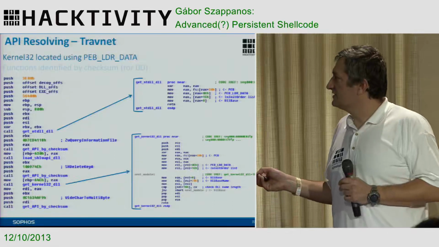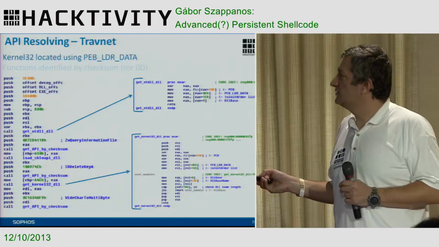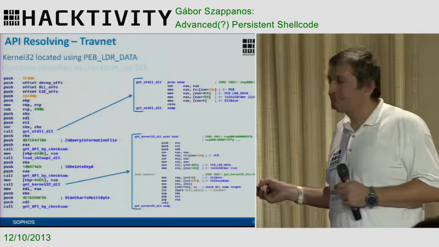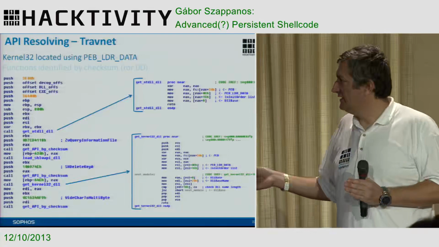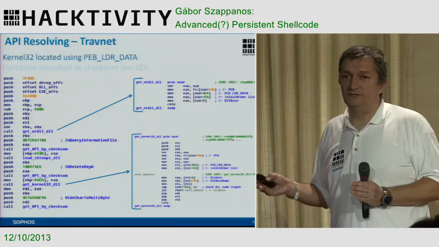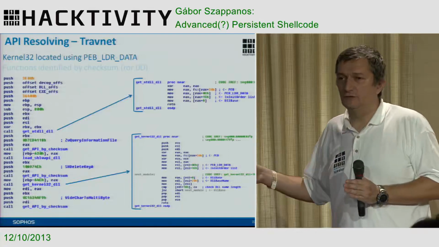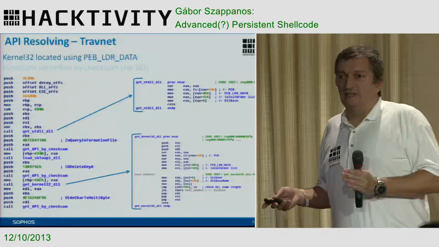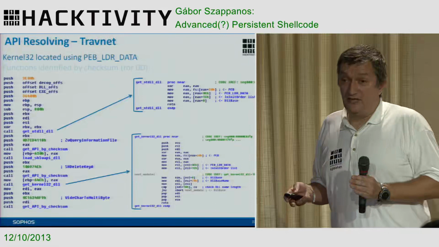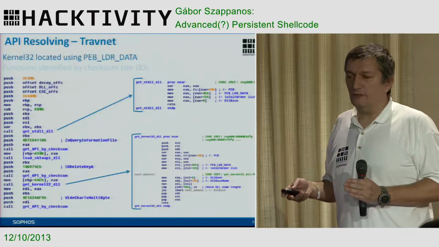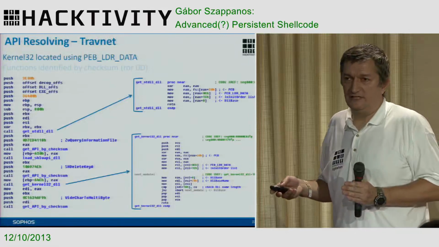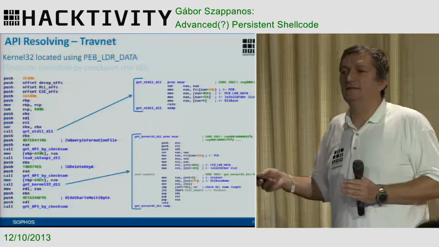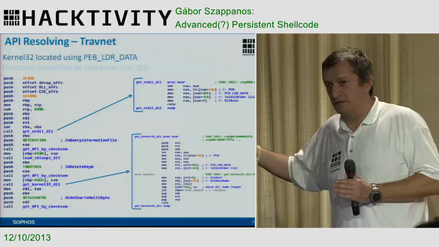Here it starts with the process environment block, the loader data order list, and then gets the DLL base name and checks if the 18th character of the name is 0. These are Unicode stored characters. If it is longer than kernel32 DLL, the name, then there are going to be further characters in the name.